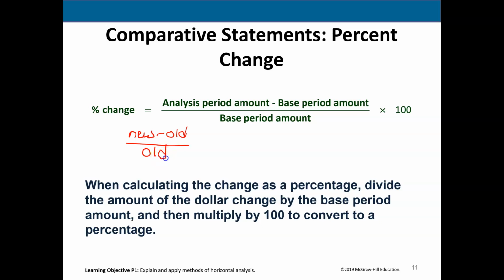And that's going to give you your percent change. So the current, the new, minus last year, the old, and then you divide it by last year. And that gives you the percent change, increase or decrease, that has happened.